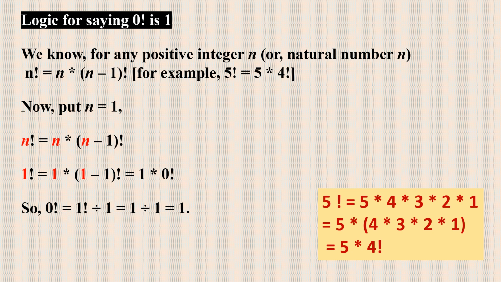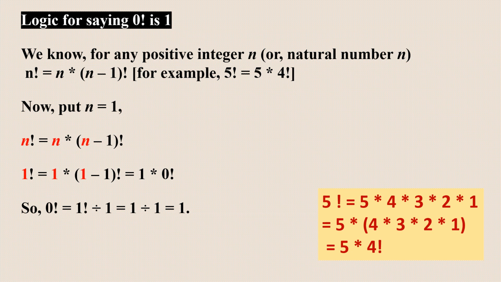Logic for saying 0 factorial is 1. We know, for any positive integer n, or any natural number n, factorial is equal to n into n minus 1 factorial. For example, 5 factorial is equal to 5 into 4 factorial. Now, put n equal to 1.